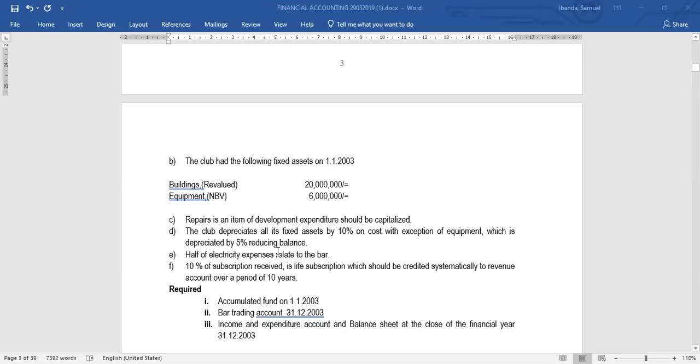Now, remember the accumulated fund, we say that that is capital. Accumulated fund is capital. Okay. And the way we calculate capital is we go ahead to look at the assets less our liabilities. Okay, assets less liabilities. So let's now see how to go ahead to calculate this.